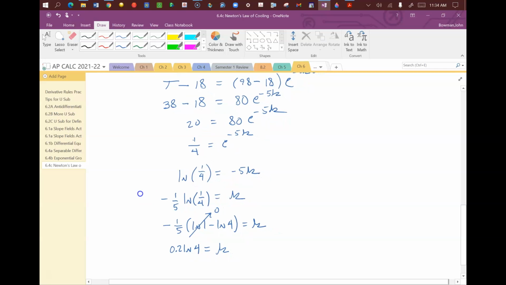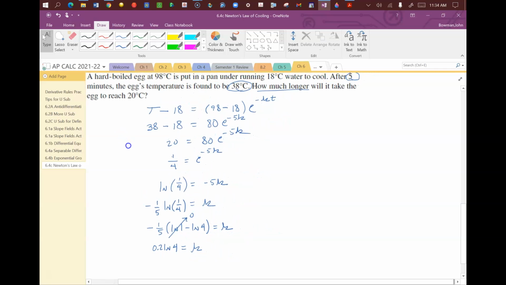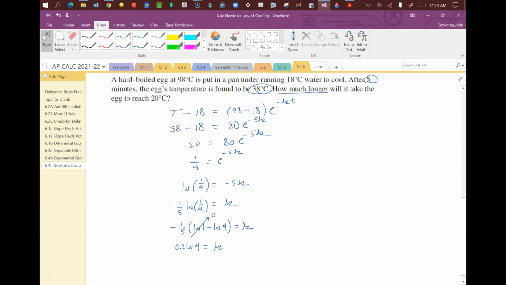Now we want to go back to our equation and see, if we plug 20 in for T, how much extra time will it take for the temperature to drop to that? So 20 minus the temperature of the surroundings, 18, is equal to 98 minus 18 times e to the negative 0.2 natural log of 4 t.